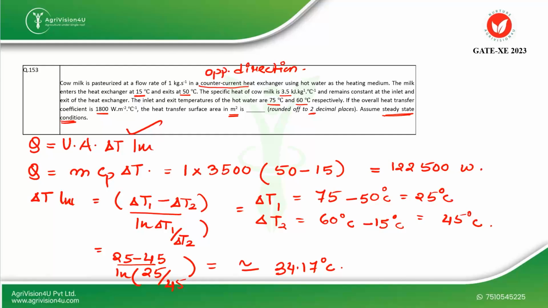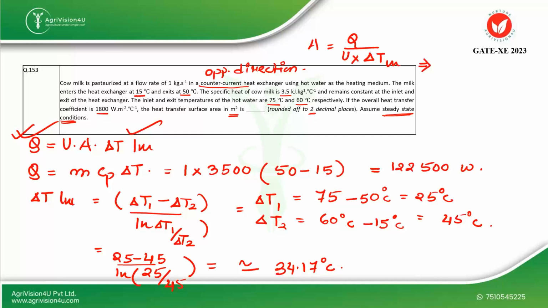Now just put all this in the heat transfer surface area, A. So I'll write here A, that is Q by U into delta T Lm.